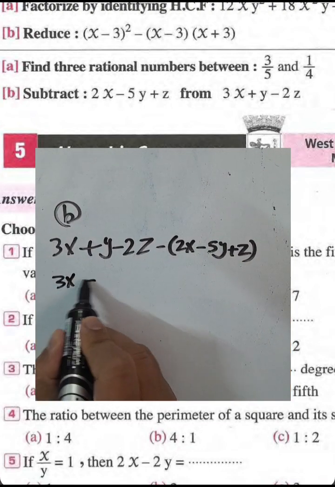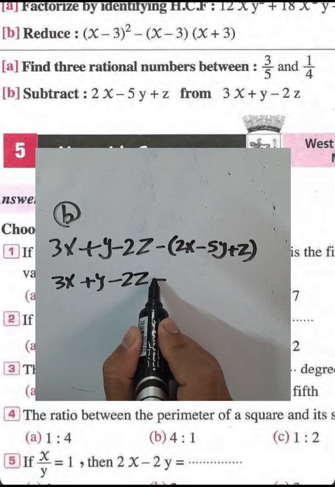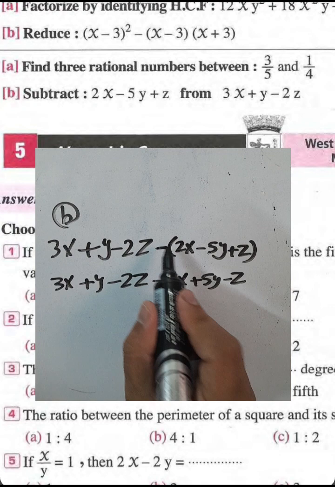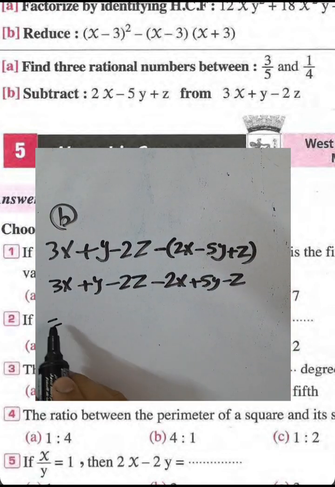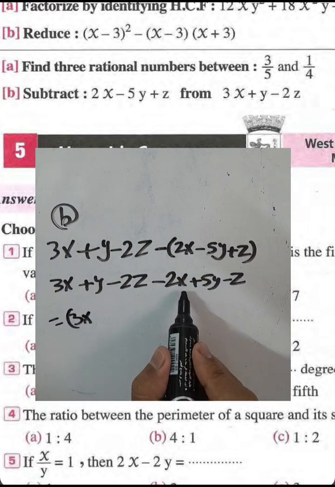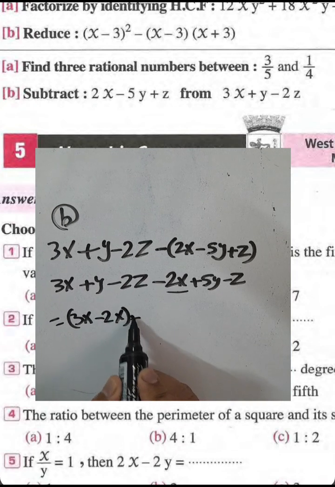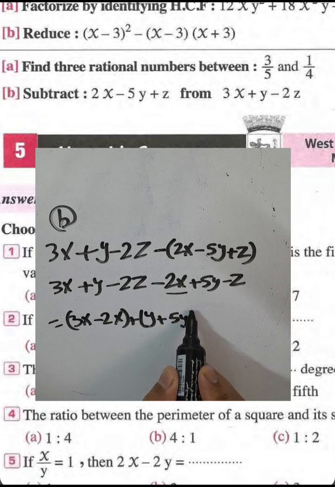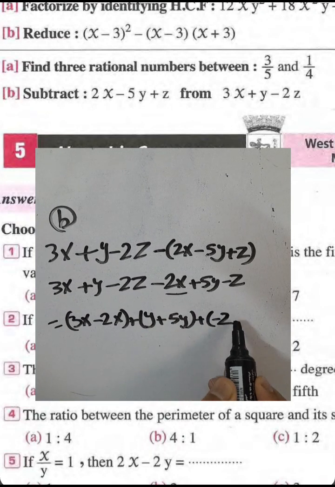Write 3x plus y minus 2z, negative 2x plus 5y negative z, using the inverse of all terms. And then write 3x with negative 2x, and y with 5y, and negative 2z with negative z.